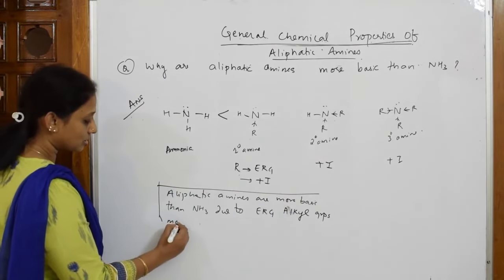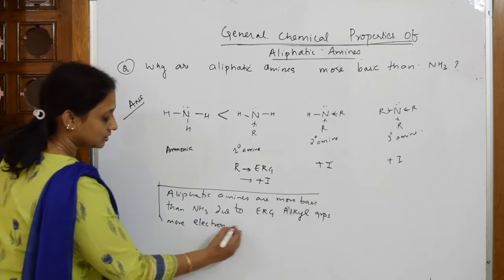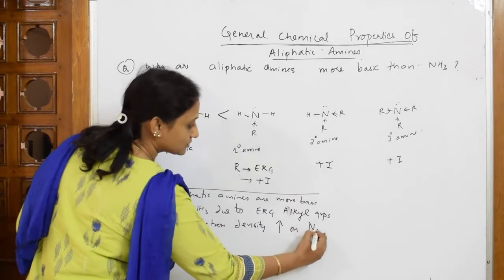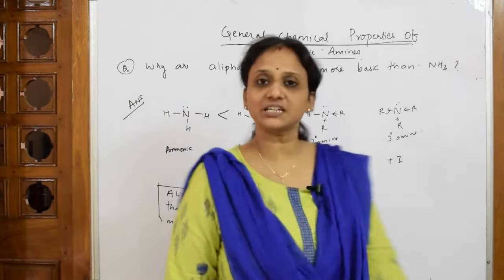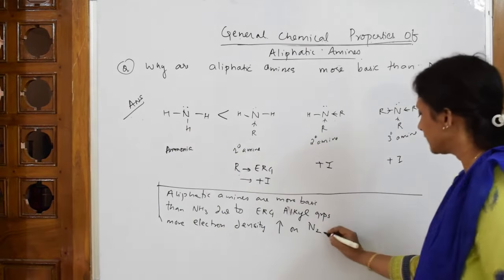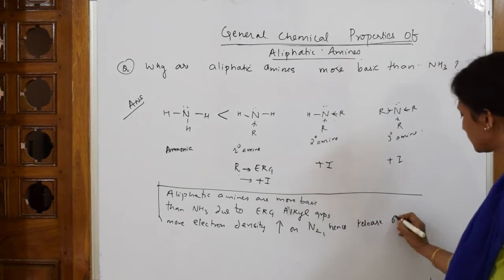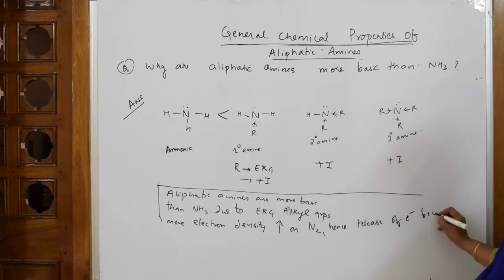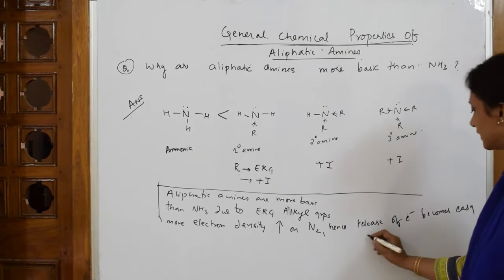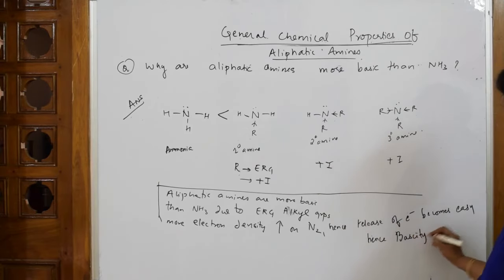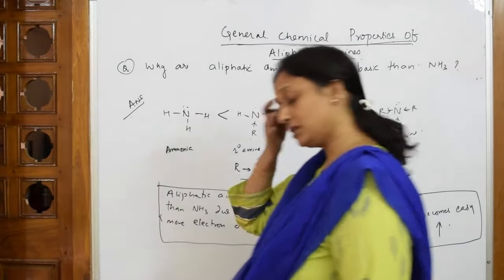The electron density increases on nitrogen. When electron density increases on nitrogen, what will happen? Hence, release of electrons becomes easy. When electron release becomes easy, what will happen to the basicity? Hence, basicity increases. But are you finding that in ammonia? Do you have alkyl groups in ammonia?